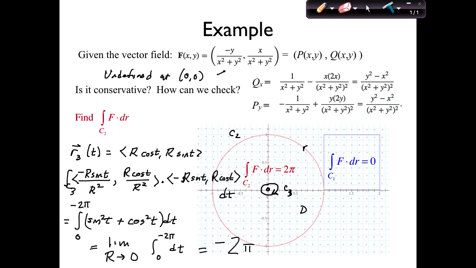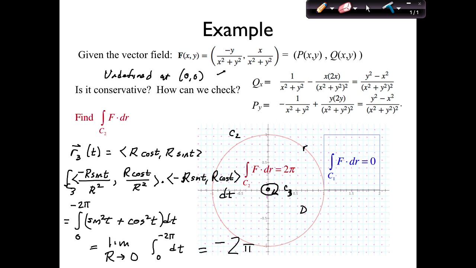So is any closed path around the origin going to have a line integral of 2 pi then? Yes, that's a good point. We could do squares, we could do triangles, and no matter what, we're going to get positive 2 pi. That's going to be a big surprise, because any line integral of any shape anywhere else always gives 0.